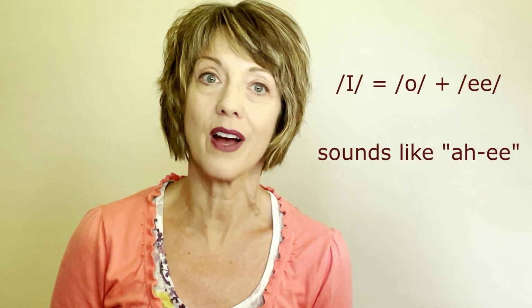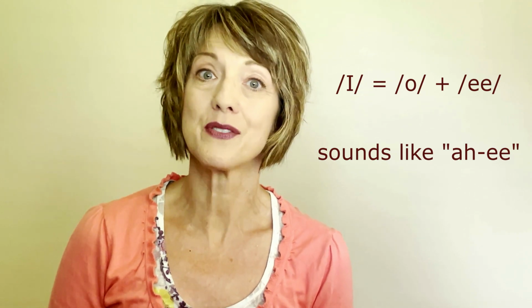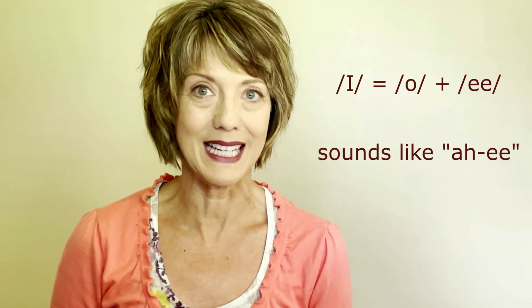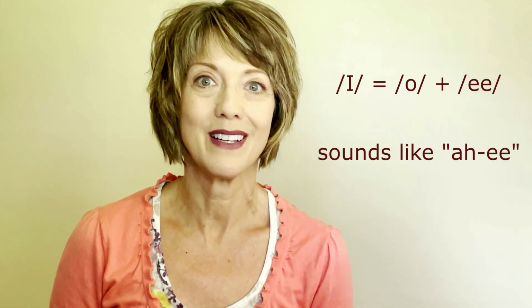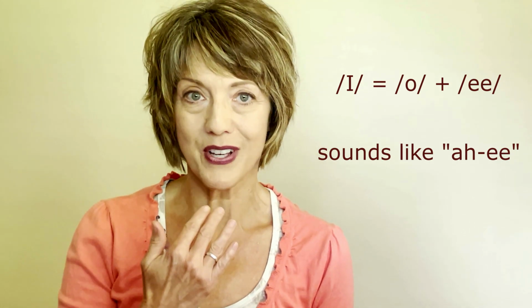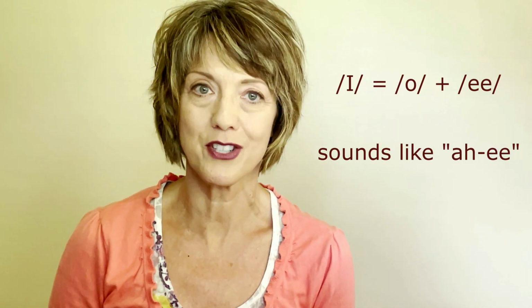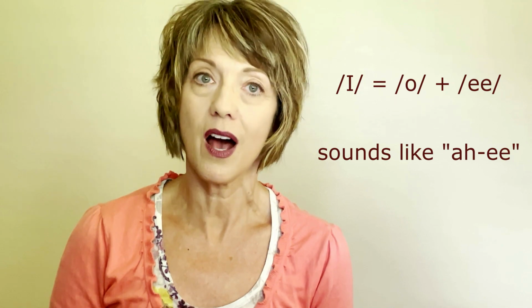Then we have the long I. This one is also made up of two sounds, ah plus E, I. You start by dropping your tongue into an ah shape and then quickly transitioning to the E, I. What I frequently hear on this one is more of an eh sound.